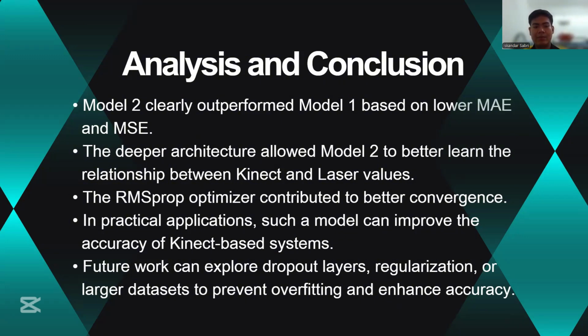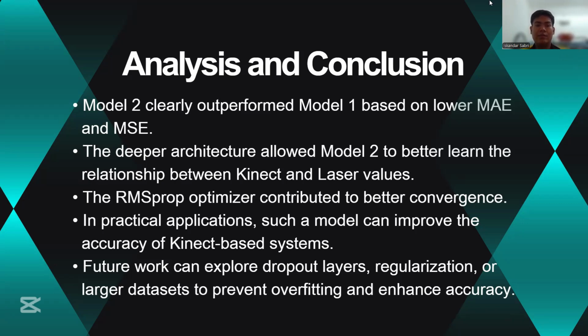The RMSprop optimizer contributed to better convergence. In practical applications, such a model can improve the accuracy of Kinect-based systems. For future work, we can explore dropout layers, regularization, or a larger dataset to prevent overfitting and enhance accuracy.